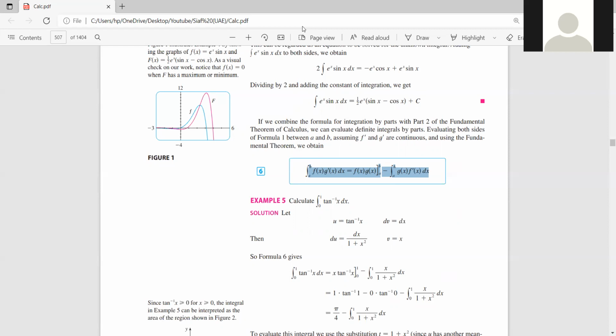Just give me one second. I'm just going to change my share.